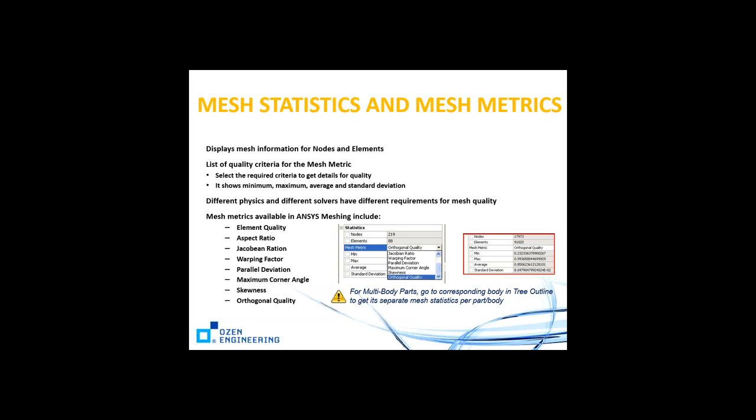Aspect ratio does affect the results. And what is aspect ratio? In a normal tetrahedral element that may look like this, it's the height of the element divided by the width of the element. So aspect ratio is height divided by the width of the element. When an element gets really elongated like this, the aspect ratio becomes more than 10.